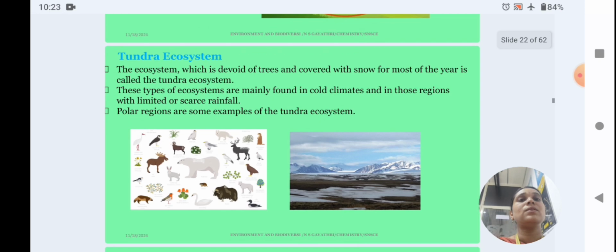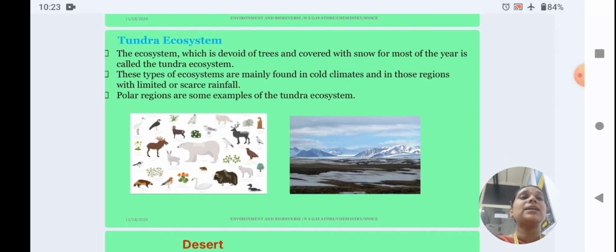Next, the tundra ecosystem. The ecosystem which is devoid of trees and covered with snow for most of the year is called tundra. These types of ecosystems are mainly found in cold climates and in regions with limited or scarce rainfall.